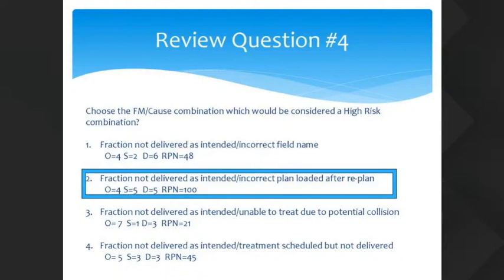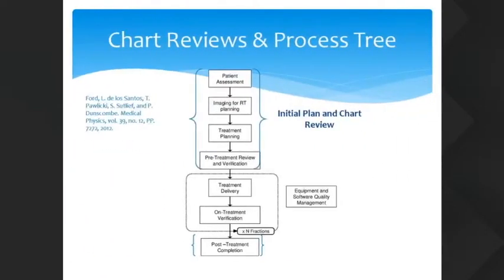Now let me give you a glimpse into results in the other categories, starting with the initial plan and chart review. With the initial plan and chart review, we're looking at the first 4 steps in this process tree, from patient assessment down to pre-treatment review and verification.